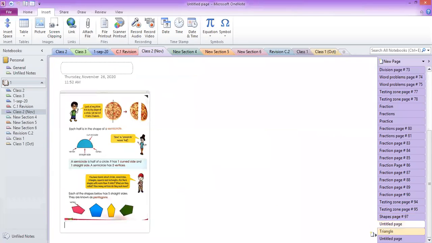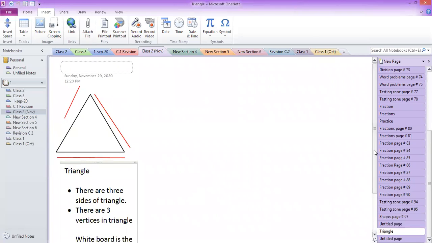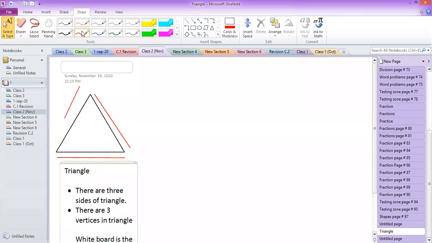The third thing we studied was the triangle. In a triangle, there are three sides, 1, 2 and 3, and there are three vertices. I can show you their vertices, I mean their corners. This is the first vertex.